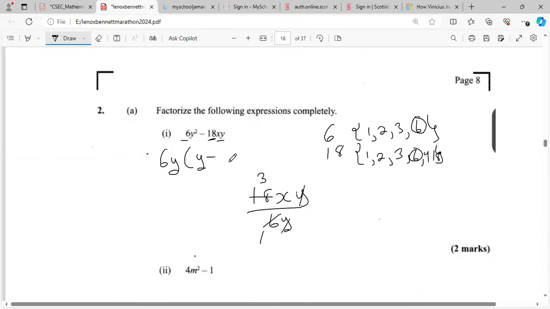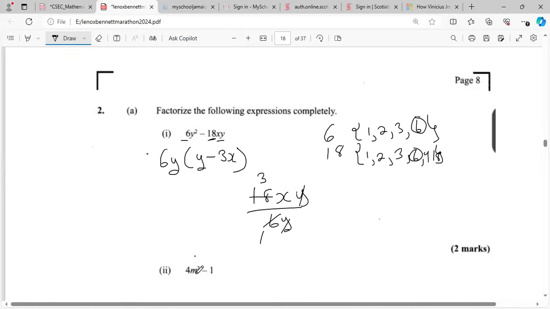So we have 3x, right? And that's it. When you multiply this, you're supposed to get back the original. So 6y times y is 6y squared. 6y times that will give us negative 18xy.